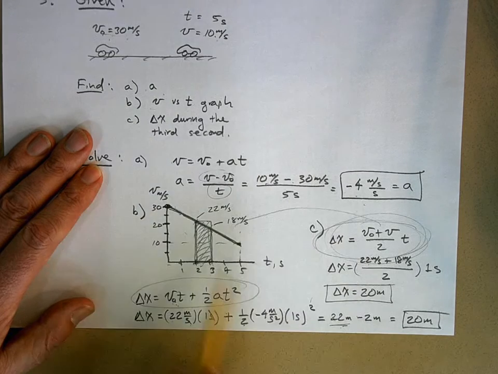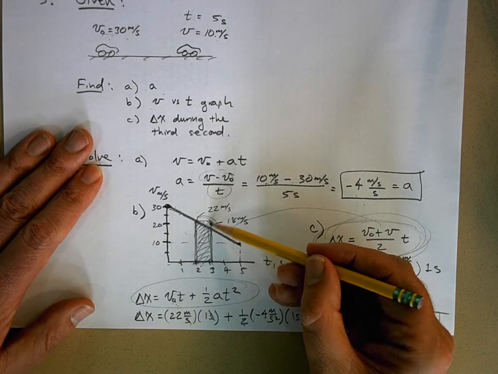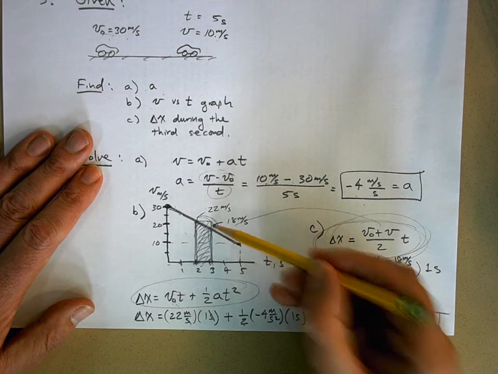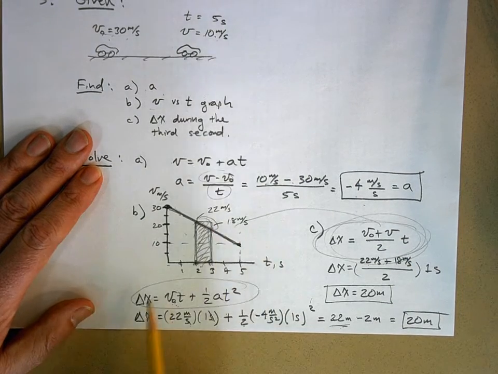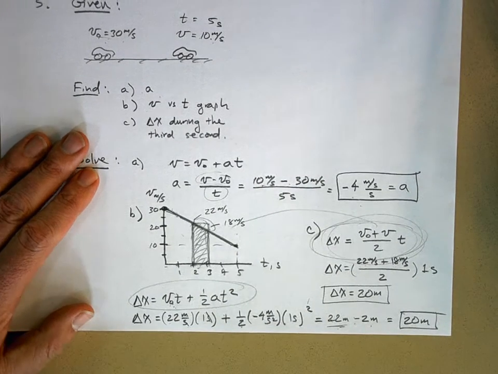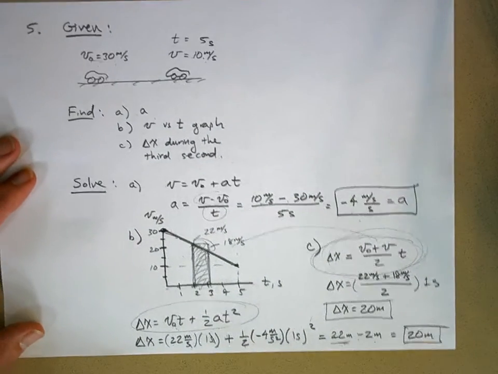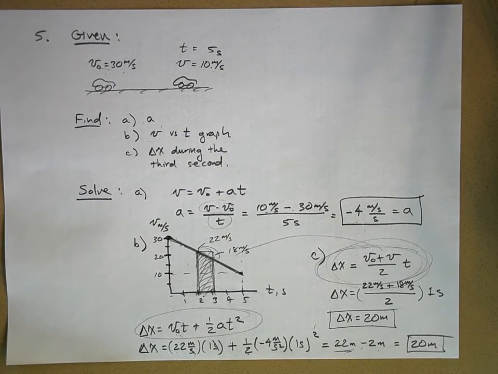And then you have to subtract this little area. Well, it's a triangle, so the height is 4 times 1 divided by 2, but it's negative 2. We're subtracting it. We're getting rid of it. So that's another way of looking at it. So that is problem number 5, beaten to death.